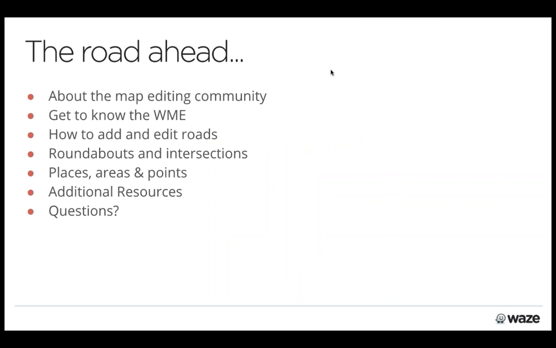We're going to get to know the Waze Map Editor and how to add and edit roads. We're also going to go over how to do roundabouts and intersections, places, areas, and points. We'll give you a couple of additional resources, and finally, we'll go through and answer some questions.